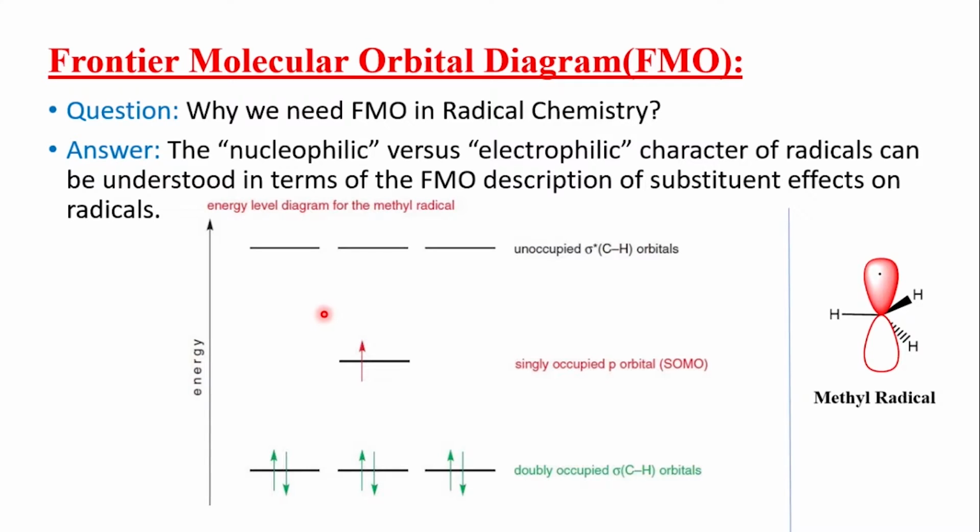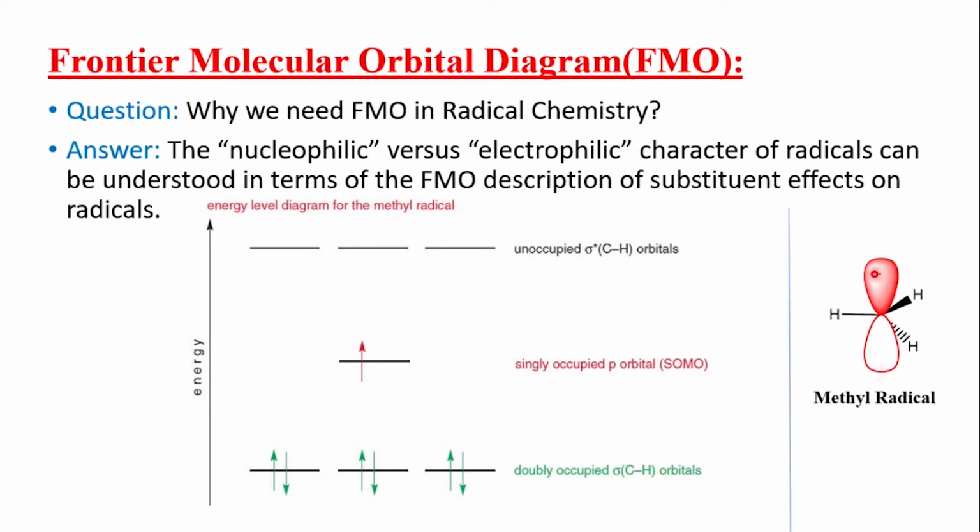So in the first one, frontier molecular orbital diagram, FMO. The question is why we need FMO in radical chemistry. To understand this, we will go to first carbocation, second carbanion, and then methyl radical. Consider this molecule as a methyl cation. Due to deficiency of electrons, the methyl cation is electrophilic in nature.